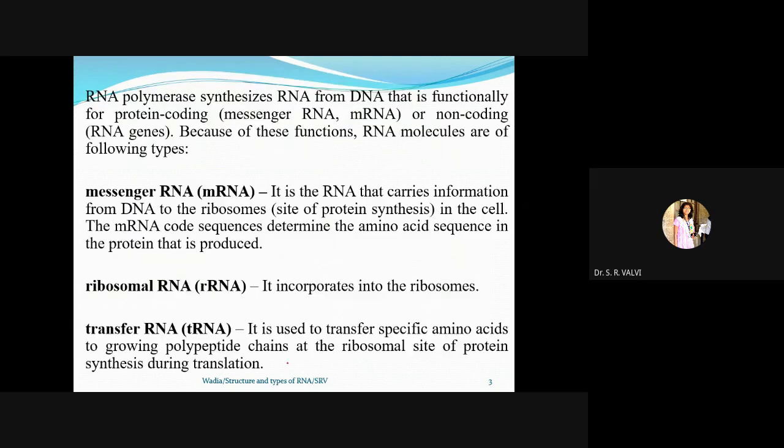tRNA is used to transfer specific amino acids, right? To where? To growing polypeptide chains at ribosomal sites of protein synthesis during translation.